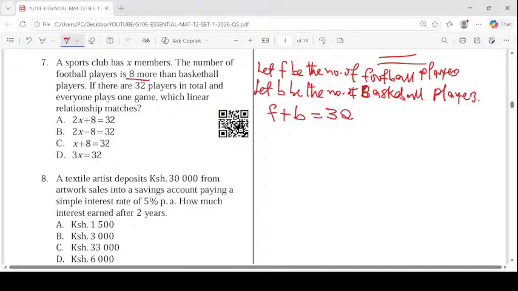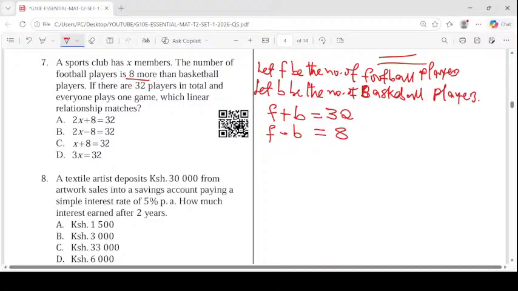Meaning when I take the football players F minus the number of basketball players B, I should be getting 8, a difference of 8. So from this one here, we are going to look at it this way and try to do substitution.